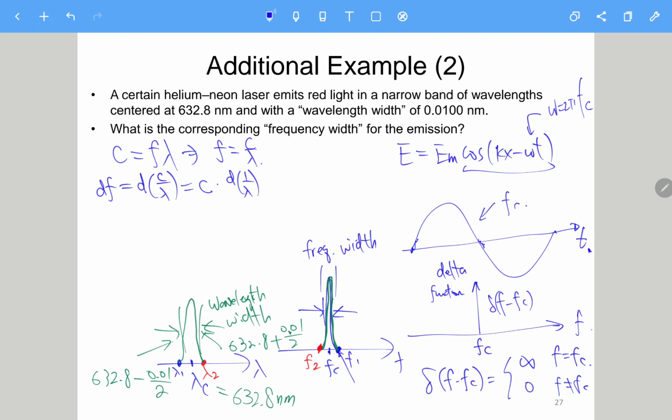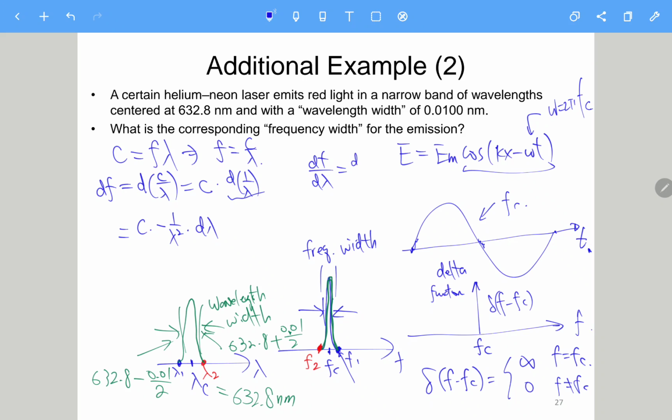It's just like taking the derivative. The derivative of 1 over lambda is negative 1 over lambda squared, times d lambda. So you can regard it as df over d lambda.